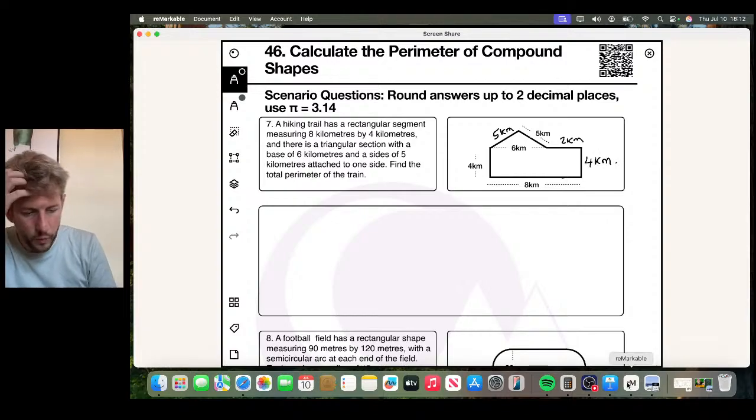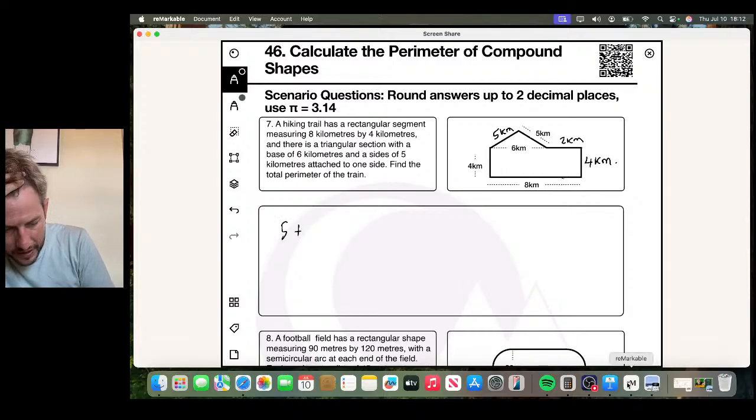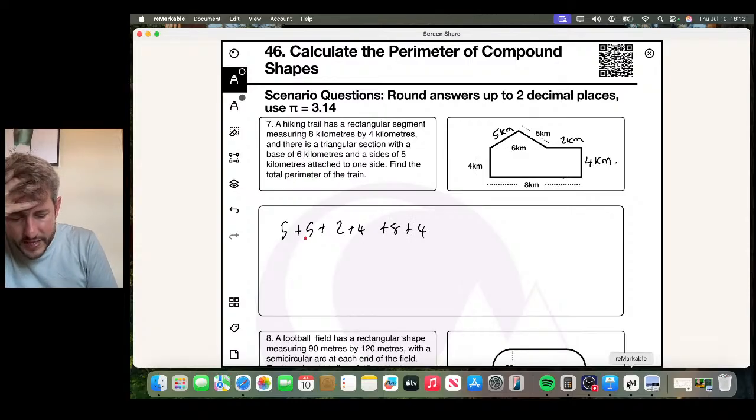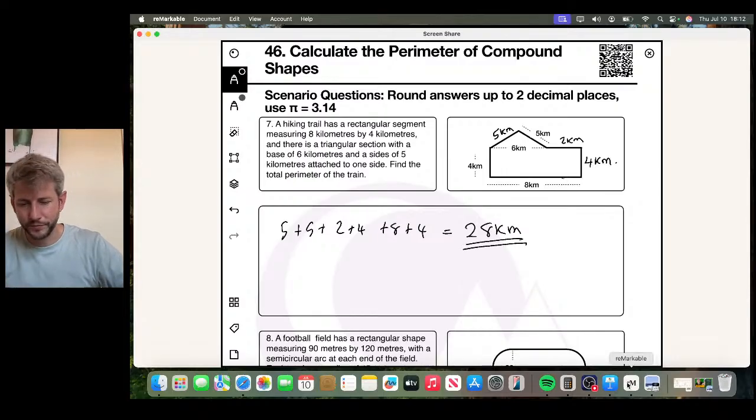Now we need to add all of these up together. So we've got 5, add 2, add 4, add 8, add 4. So we've got 10, 12, 20, 24, 28. So that's going to be 28 kilometers. Okay, right.